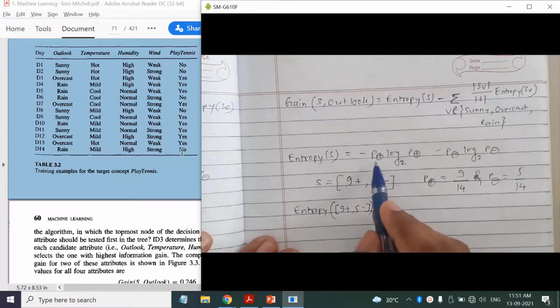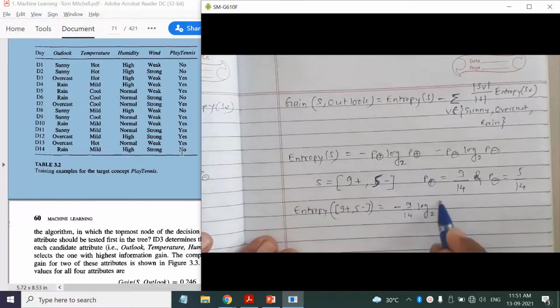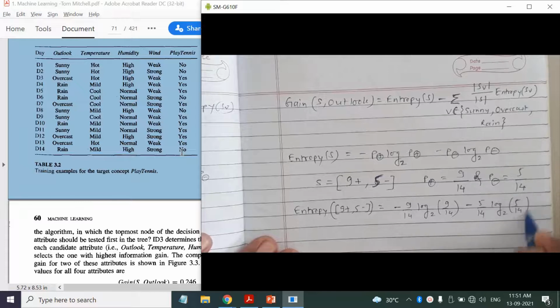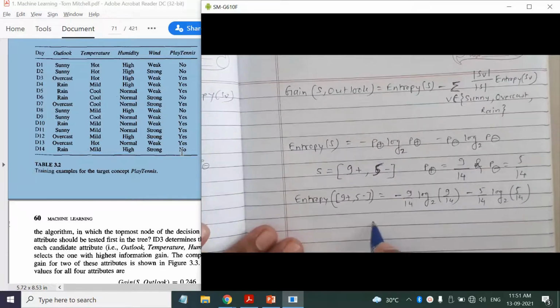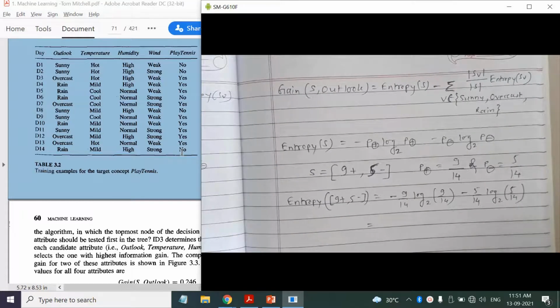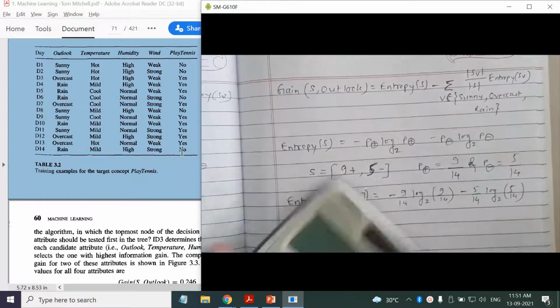So for the proportion of positive examples, clearly from here you can write these values, minus the proportion of negative examples: out of 14, 5 are negative examples. Now I can easily calculate these values. You require a calculator.